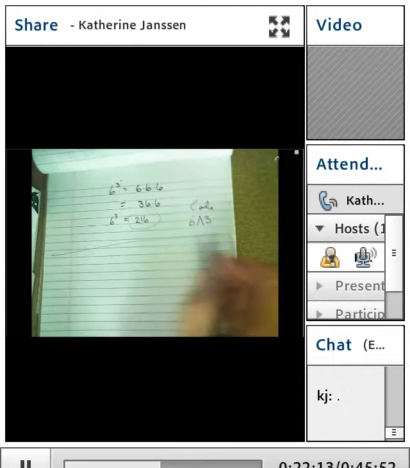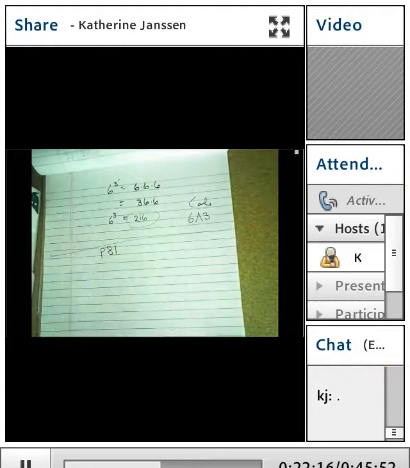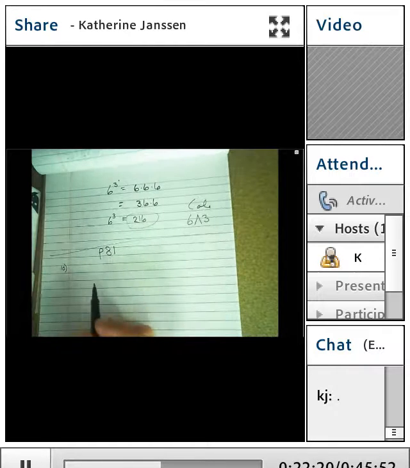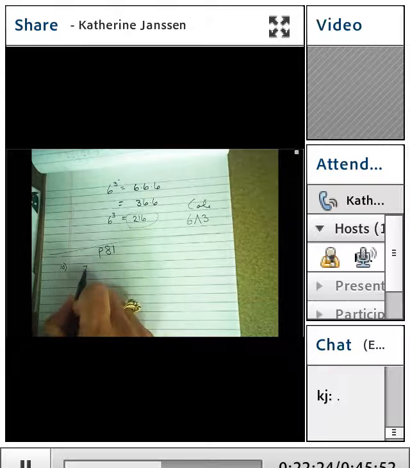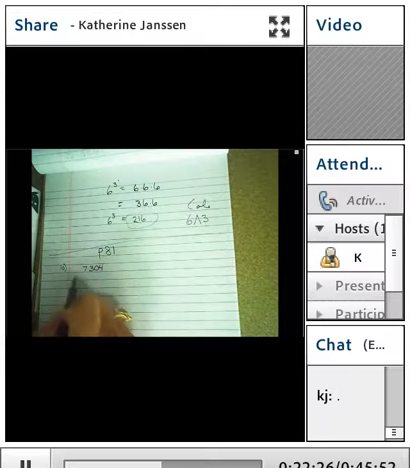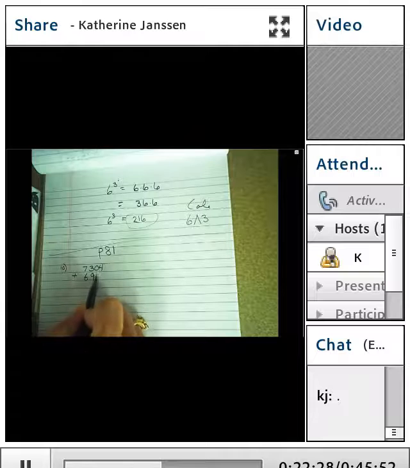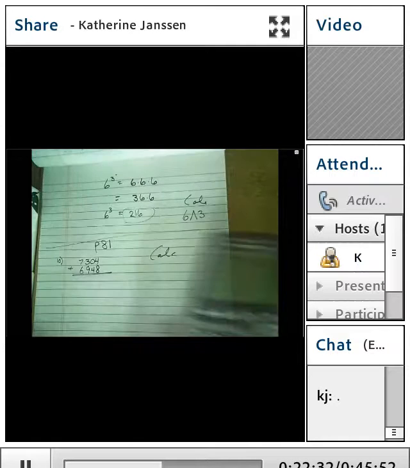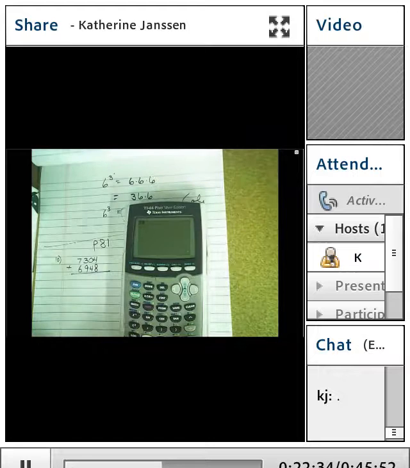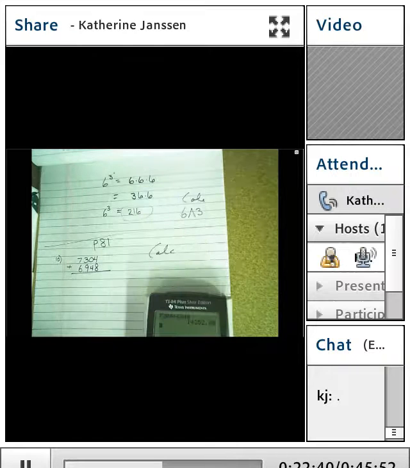Continuing then on page 81, number 10. We're supposed to add 7,304 plus 6,948. Use your calculator or Google Calc. 7,304 plus 6,948 is equal to 14,352.